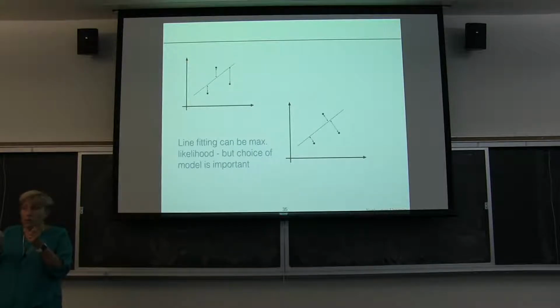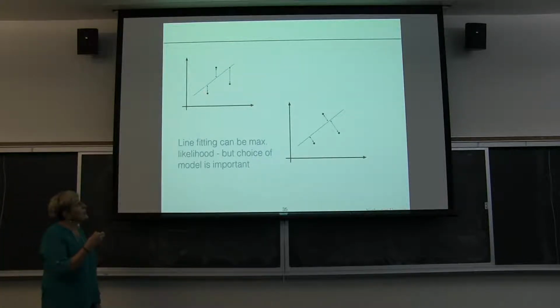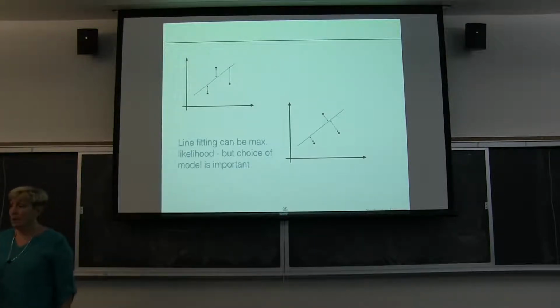So I have noise both in the Y variable and the X variable. Over here I was minimizing the sum of the squares of these lengths. What I'm going to be doing over here is minimizing the sum of the squares of these distances. How does the problem change?